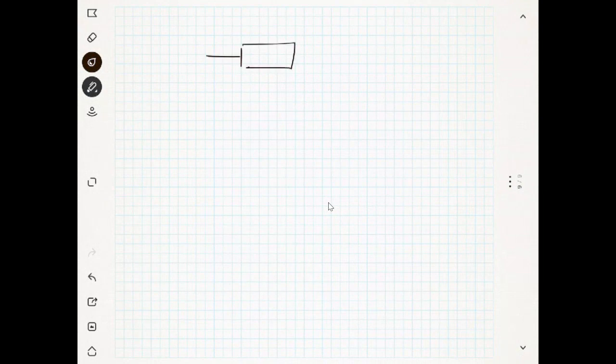You have a linear system, and you have x1 of t and you got y1 of t, and you have x2 of t and you got y2 of t. Now if you have x1 of t plus x2 of t, you are getting y1 of t plus y2 of t.